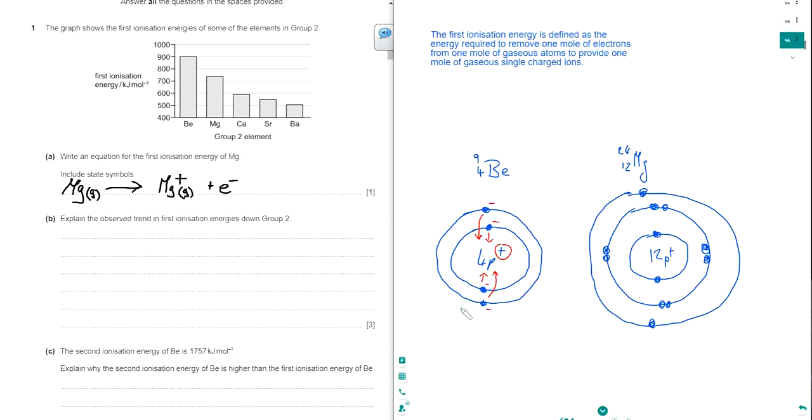Now, let's say we want to remove this electron here, and in magnesium we want to remove that electron. We know as well that beryllium will require more energy. So why is that? The first reason why it requires more energy to remove the electron from here compared to here is the distance from the nucleus.